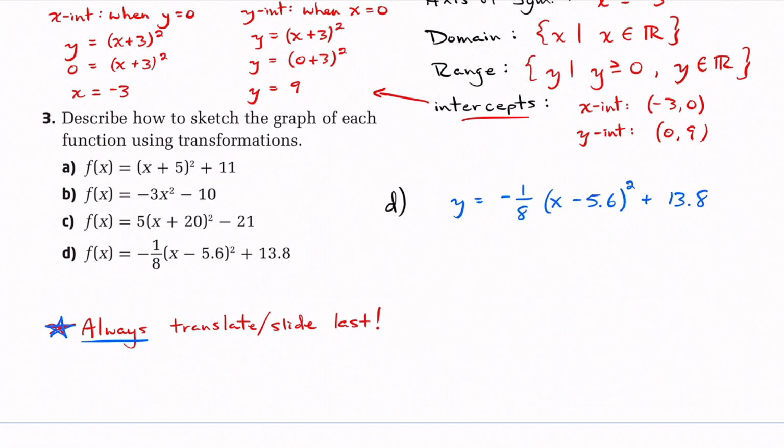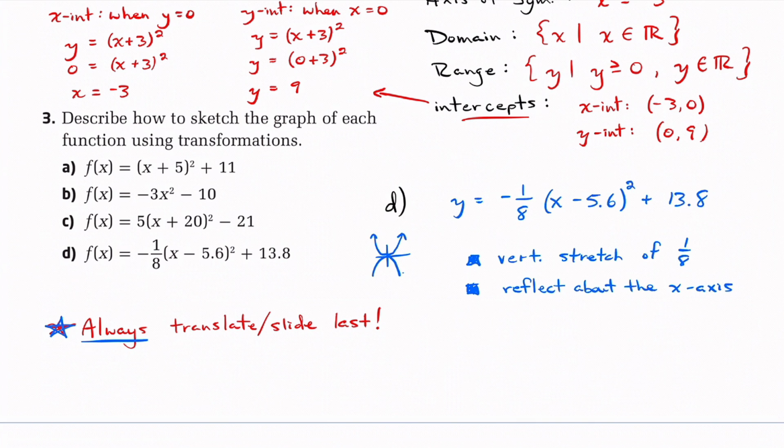So what we want to do, first thing we're going to do is a vertical stretch of 1/8. So 1 over 8, that's going to actually compress it. So it's going to make it kind of shorter looking. And then the negative here is going to flip the graph. So if my graph was originally going upwards like this, we have now flipped it about the x-axis and it's now pointing downwards.